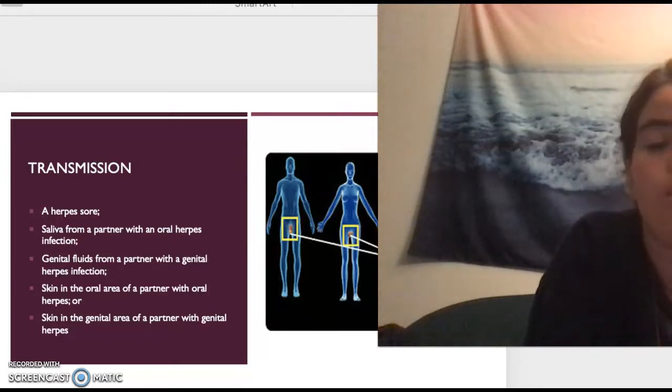This is spread in both HSV1 and 2 through contact with a herpes sore, saliva from a partner with an oral herpes infection, genital fluids from a partner with a genital herpes infection, skin contact in the oral area for oral herpes, or in the genital area for genital herpes. It's also really important to note that you will not get herpes from toilet seats, bedding, or swimming pools. You will also not get it from touching objects such as silverware, soap, or towels. So there's no reason to be scared going to a public pool.